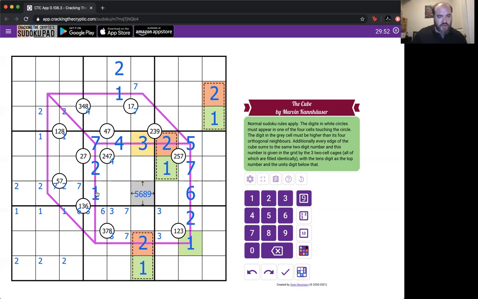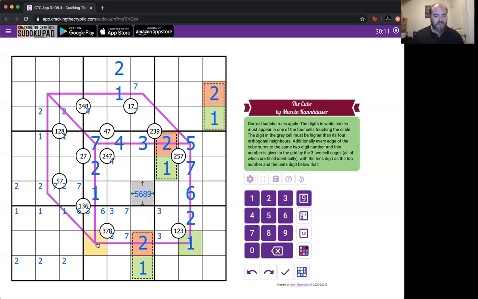So in the green one, I've got a nice whopping 10 there. I need to get to 11, so I could do that with a 3 and an 8. I could also do that with a 6 and a 5. No, I couldn't do it. I need a 3, 7, 8 around here.